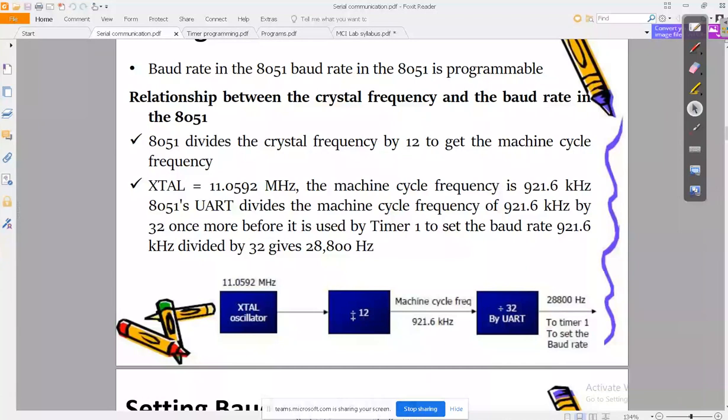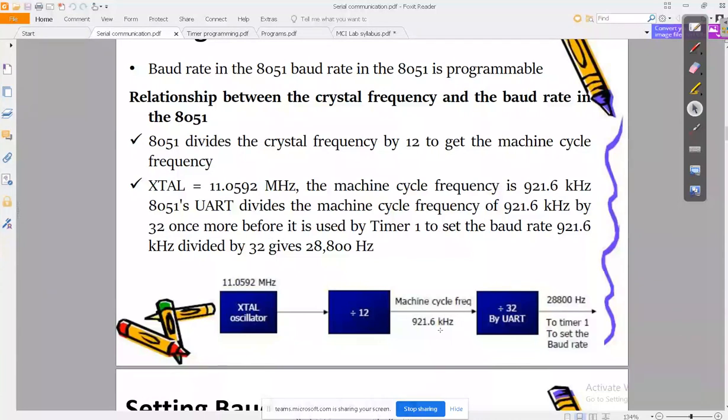You have to divide 11.0592 megahertz by 12. Then how much value will you get? 921.6 kilohertz. So it is simply a division operation: 11.0592 megahertz divided by 12 gives the machine cycle frequency, 921.6 kilohertz.